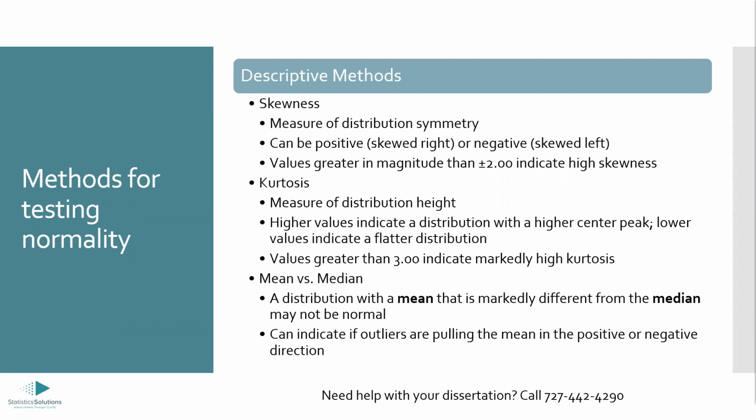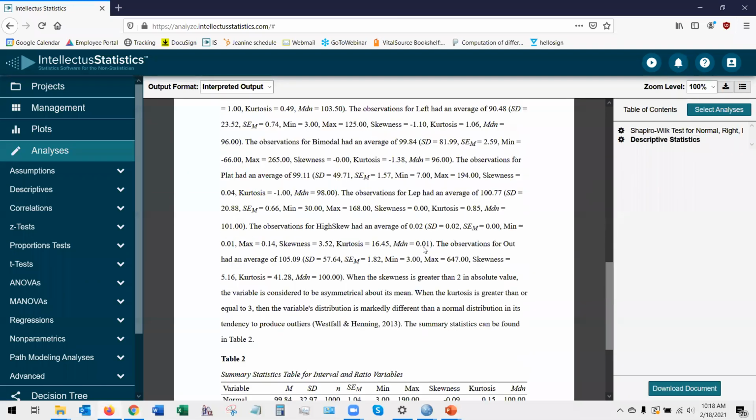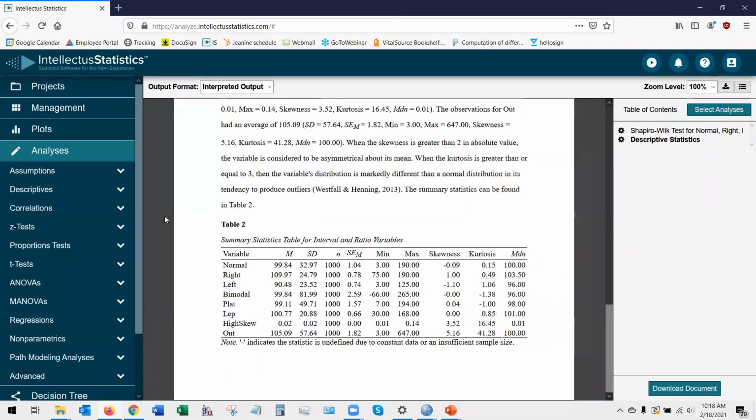And so let's take a look at some examples of what these descriptive statistics might look like. So again, I have our data set here that has 1,000 participants, and I ran descriptive statistics on these different variables. And this gives us a lot more detail than the inferential test did about the possible shapes of the distributions.